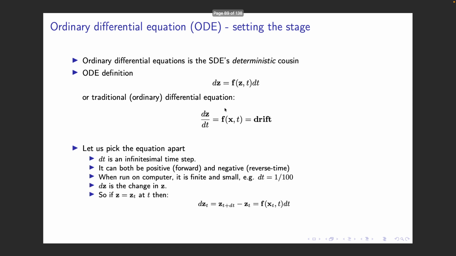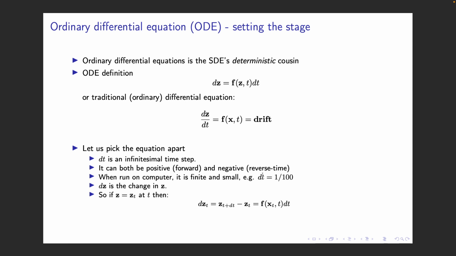So let's try to pick it apart. Delta t is a time step going to 0, and we can let delta t be both positive and negative, so we can trivially solve a deterministic equation forward and backward in time. If we run it on a computer, we just take delta t to be 0.01.